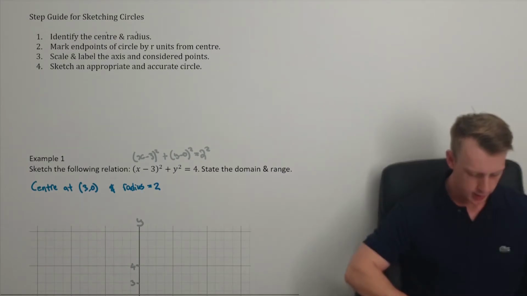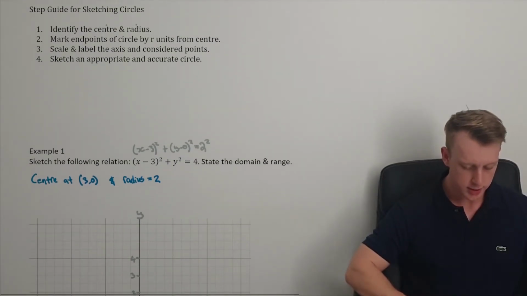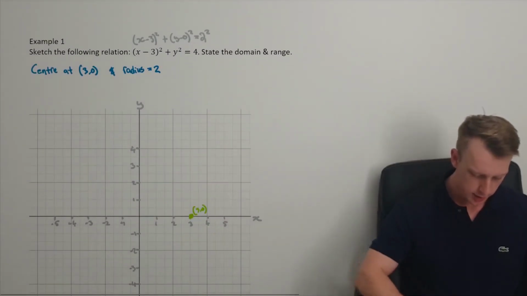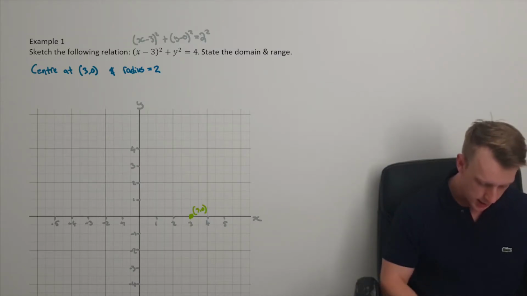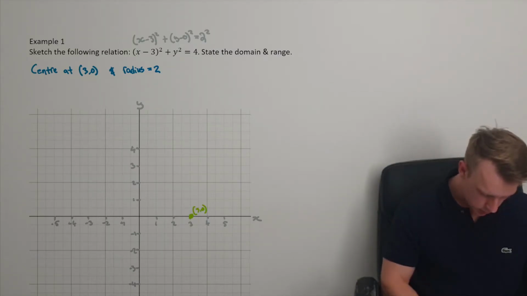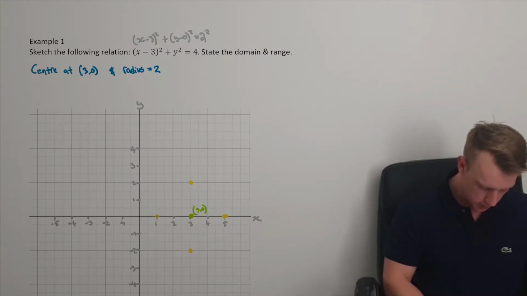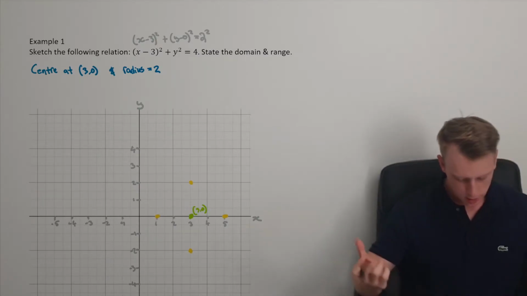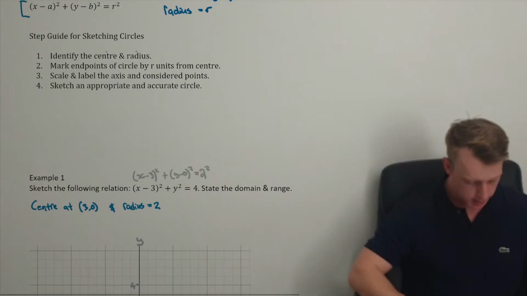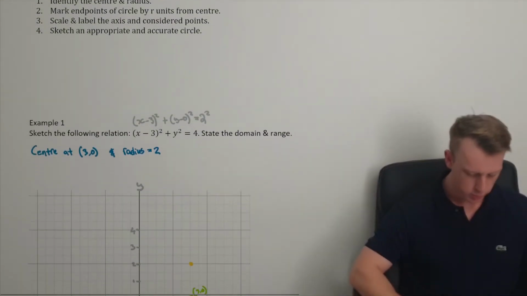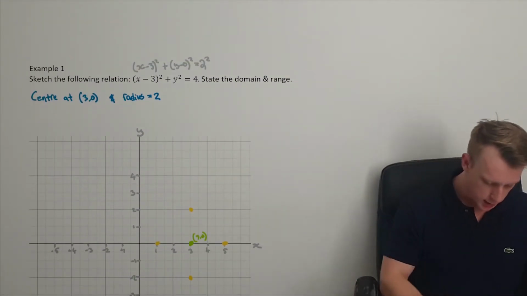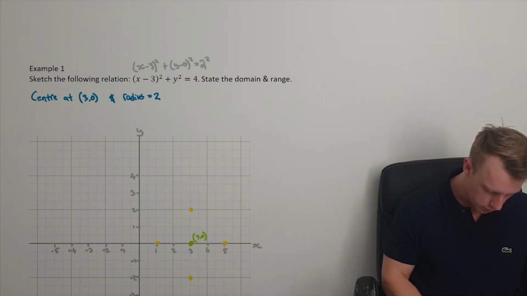And then we refer back, mark the endpoints, r units out, r being the radius, so we go 2 units up, 2 units to the side, 2 units down, 2 units across. That's step 2. Step 3, scale and label and mark the considered points. That's what we've done. And then step 4, we just draw an appropriate circle.